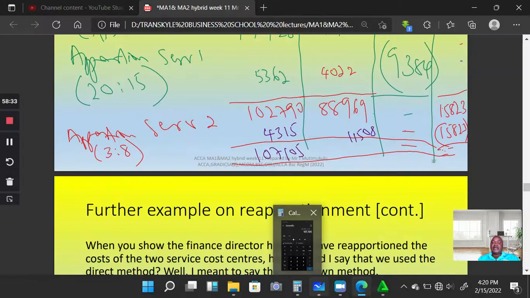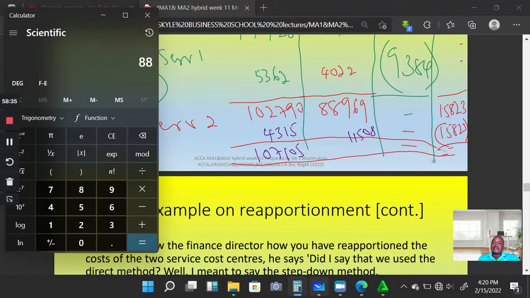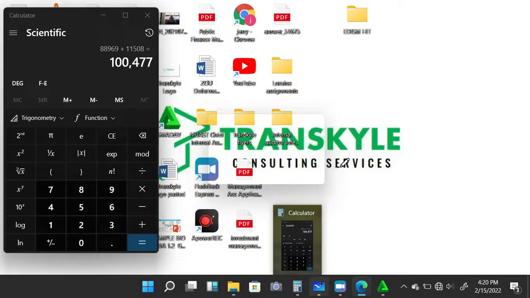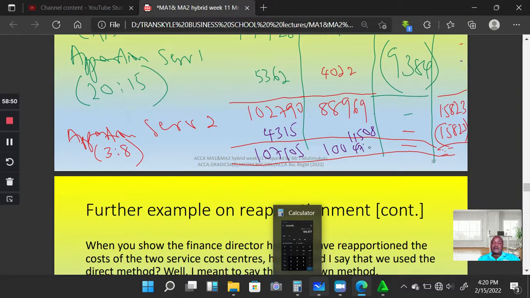And here we get 88969 plus 11,508. That's 100,477. The total overheads.